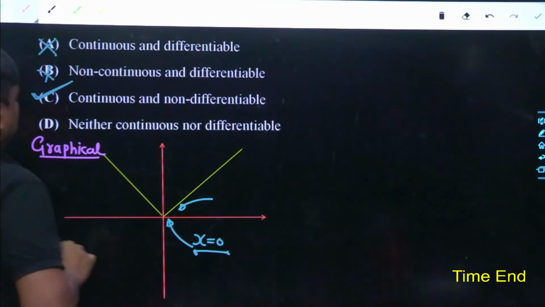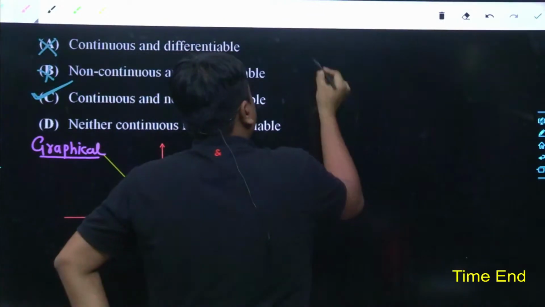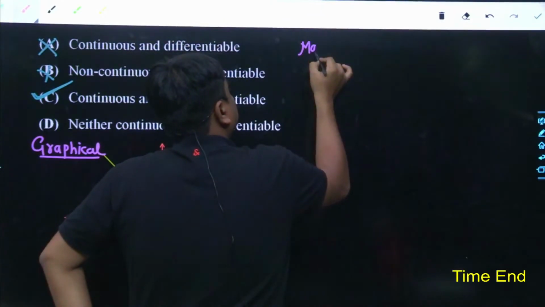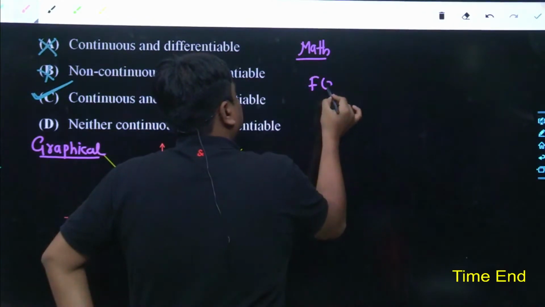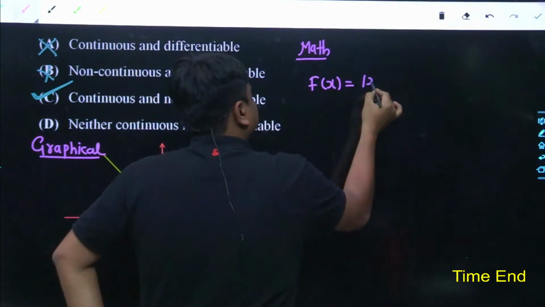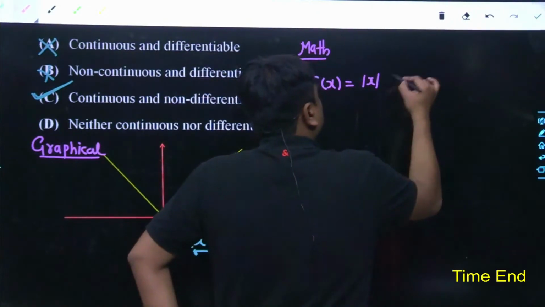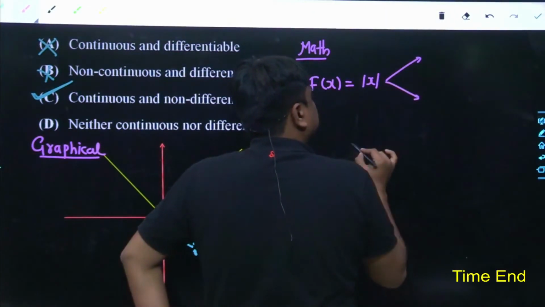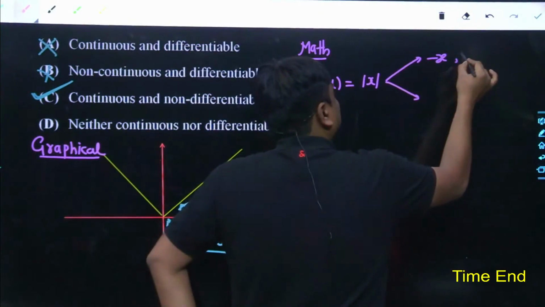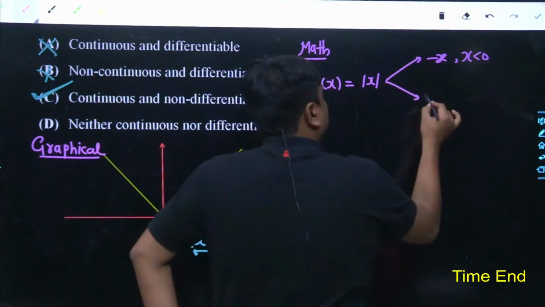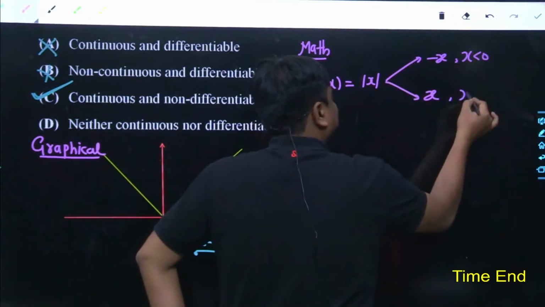Yes. There could be a different method as well: the mathematical method. The function f of x written as magnitude of x can be split into two parts. Magnitude of x is defined as minus x for x less than 0, and as plus x for x greater than 0.